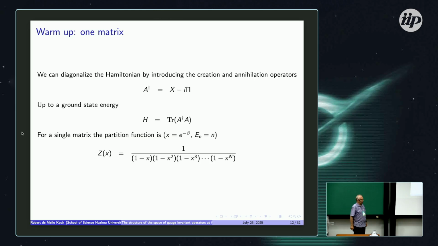So for one matrix, I solve the problem as always with a creation operator. After subtracting off the ground states, my Hamiltonian looks like A dagger A, and this is the answer I get for the partition function. I'll show you a formula in a few slides of how we actually calculate that explicitly. And how do I interpret that?